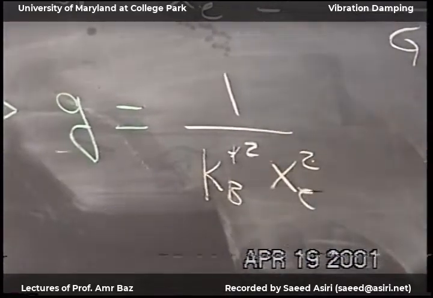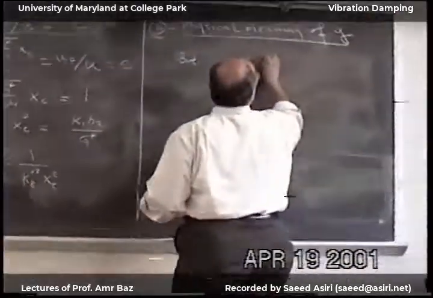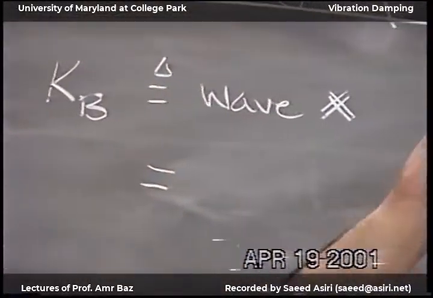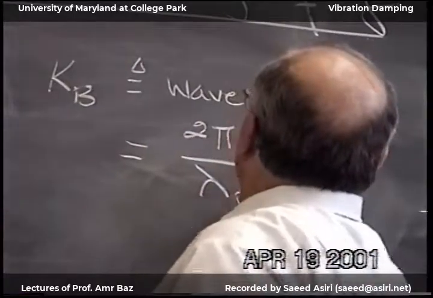You'll see here but KB, which is the wave number. I can also write it down in terms of the wavelength, 2 pi over lambda b.